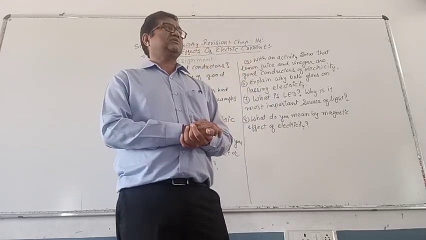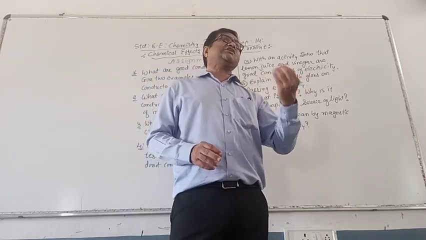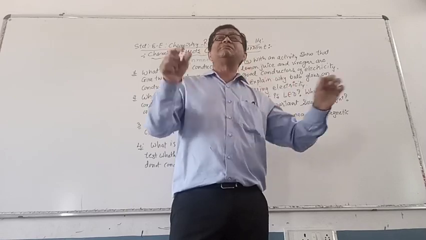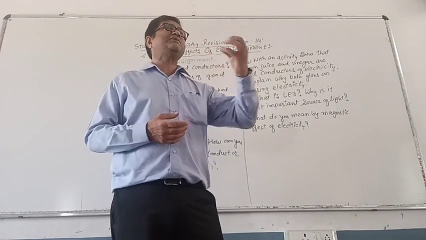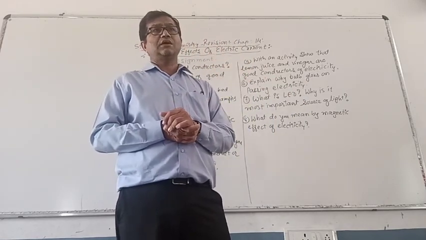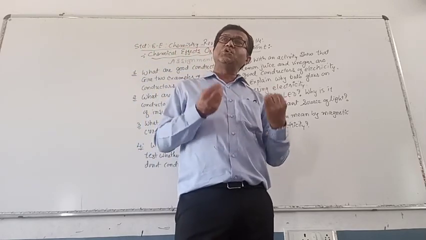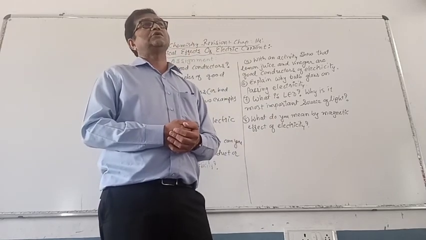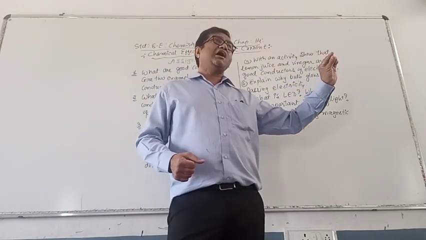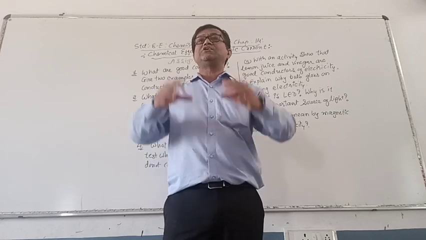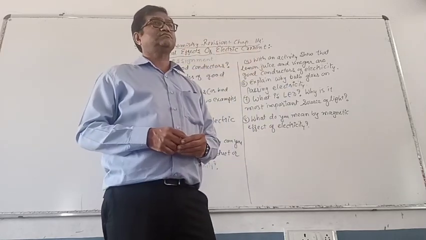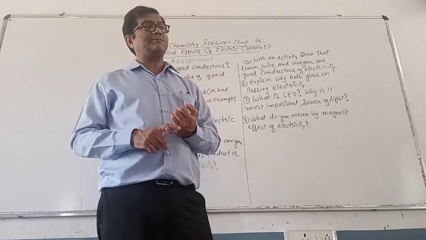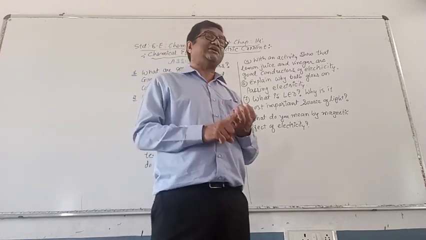We know that the electric wires are coated with some materials like rubber or PVC. That material does not allow the current to pass through. So when we touch the wire along with that coating, we do not get shock because they don't allow the electricity to pass through them. So they are called insulators.